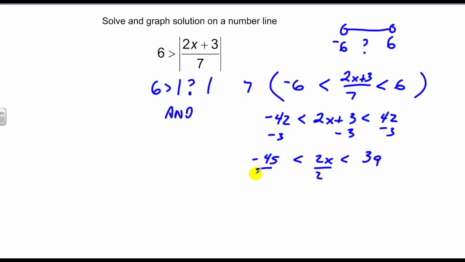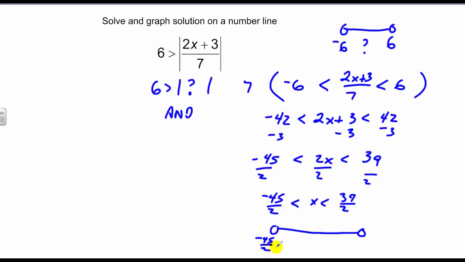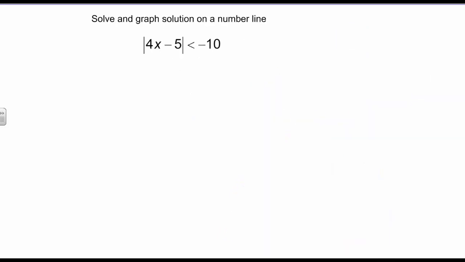Divide by 2 on both sides. Get negative 45 over 2 is less than x, which is less than 39 over 2. And if I wanted to graph that, I do just like the following. And there's your solution.